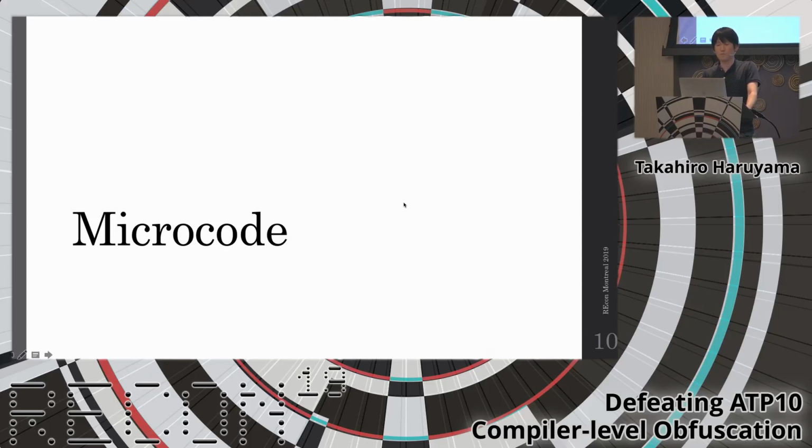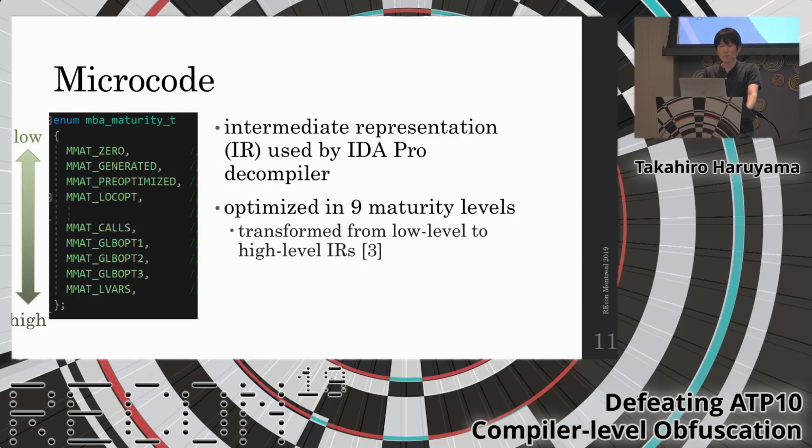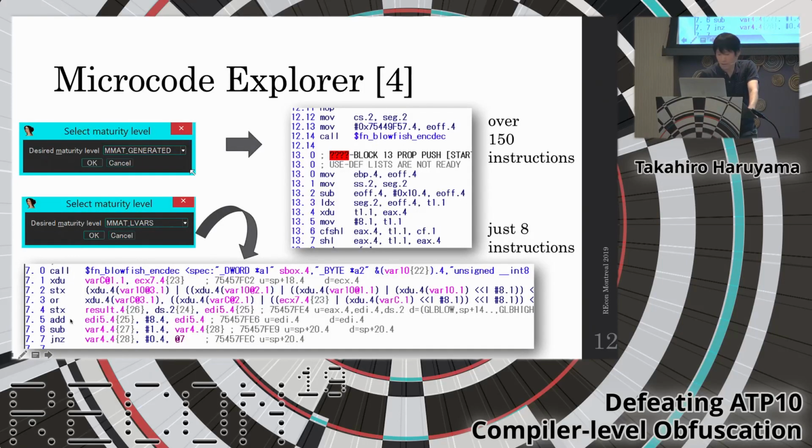Before explaining the modifications, I'd like to cover the basics of IDA microcode. Microcode is an intermediate representation used by the IDA decompiler. It's optimized in 9 maturity levels, from low to high-level IRs. Using the microcode explorer supplied with HexRaysDeob, we can make microcode instructions at the selected maturity level.